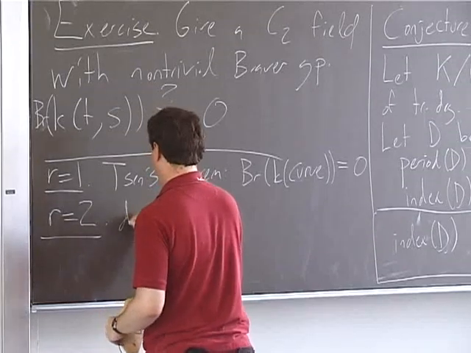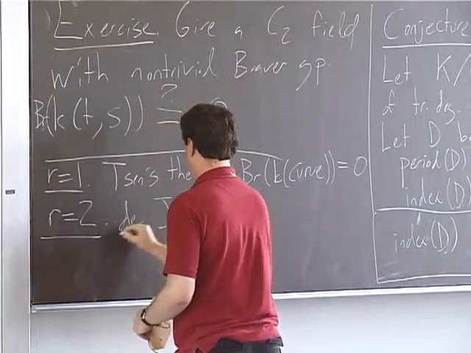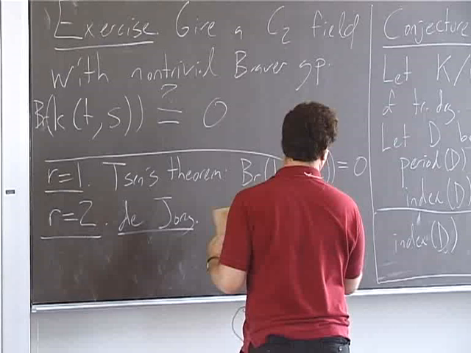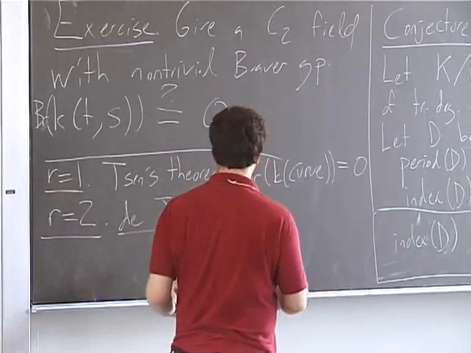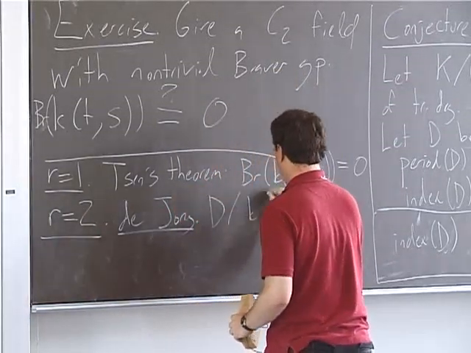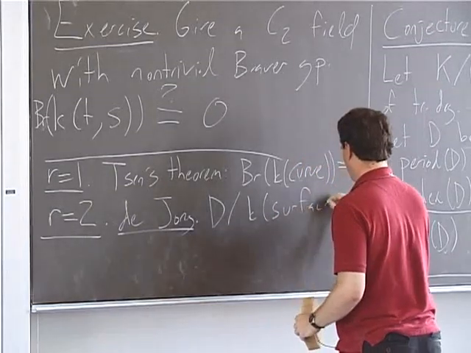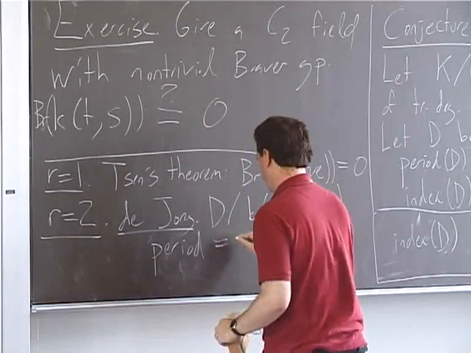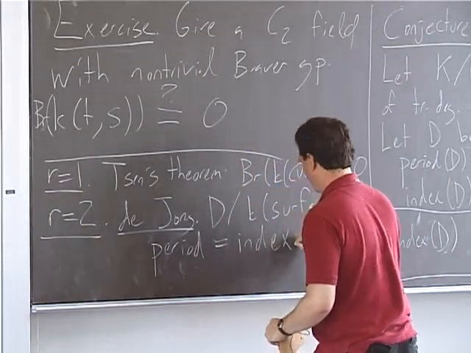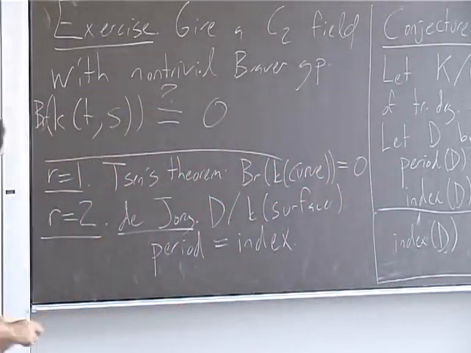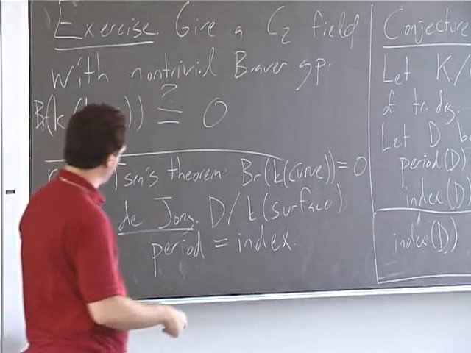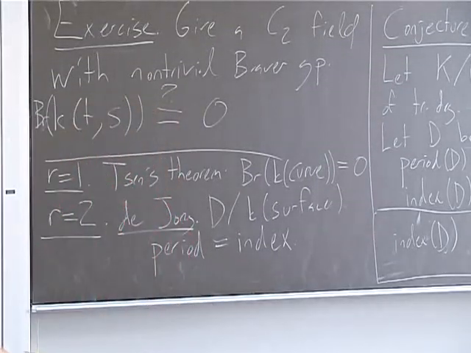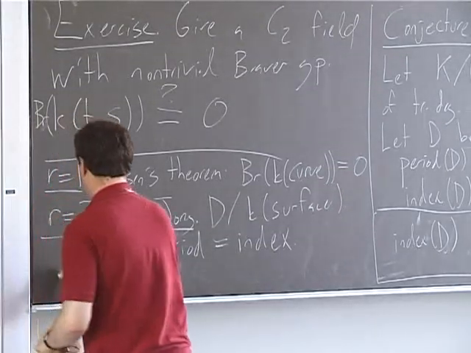De Jong proved that if you have a division algebra D over the function field of a surface, then the period equals the index. And in the third lecture, I'll show you a proof of this. There's a way of thinking about this in terms of things related to C_r fields, things like that, I'll talk about next time. But when r is bigger than 2, this is open.